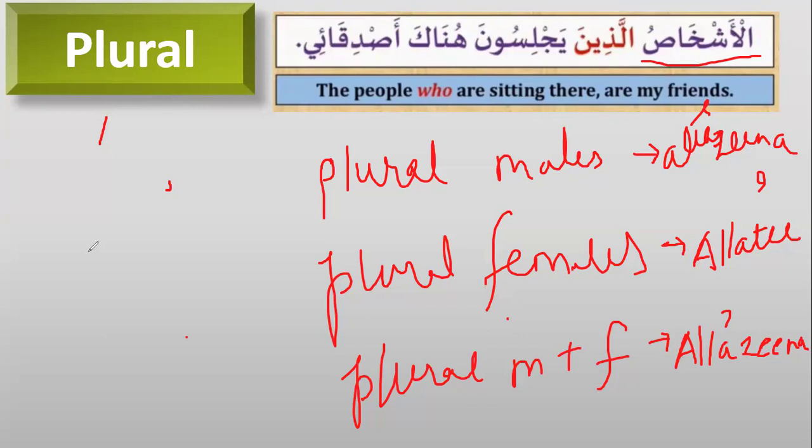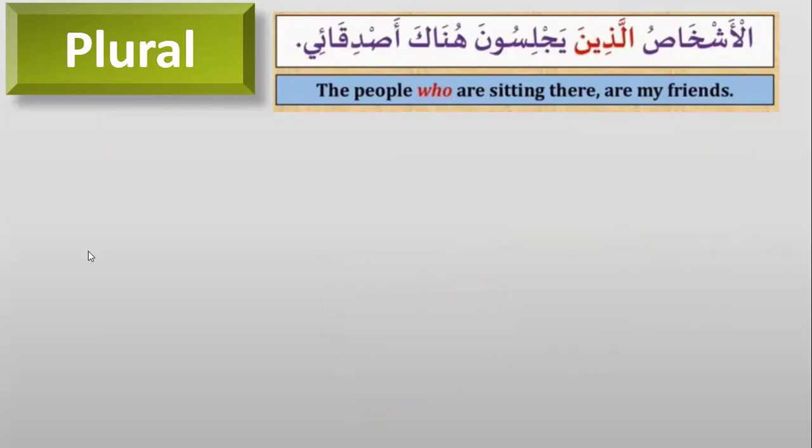Yes, and the meaning will not change. Ma'am, even if there are a number of females and a single male, the male pronoun will be dominant? If there are 4 females and 1 male, the pronoun used will be male, allazina. Yes, certainly.